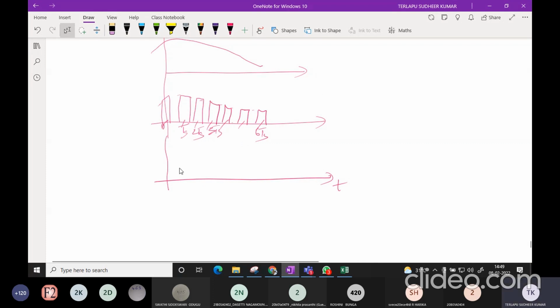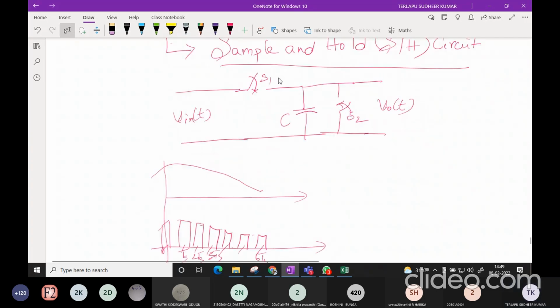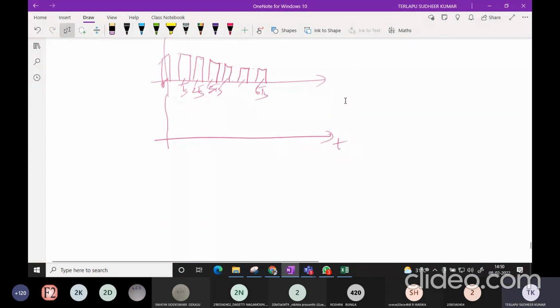At every sample interval, my switch S1 is closed.